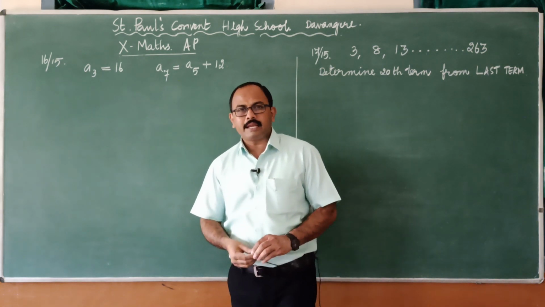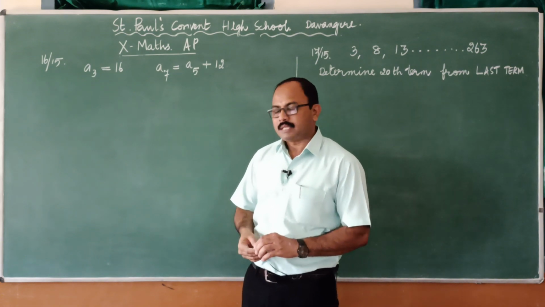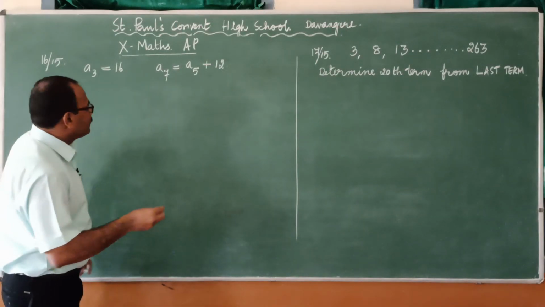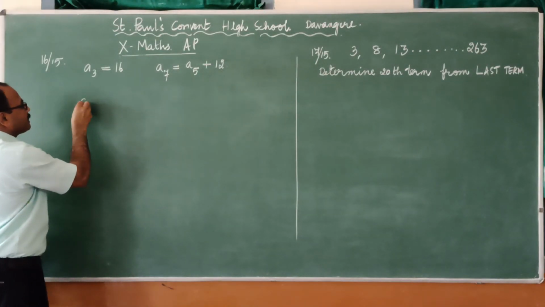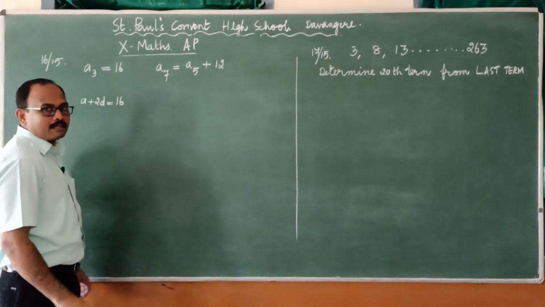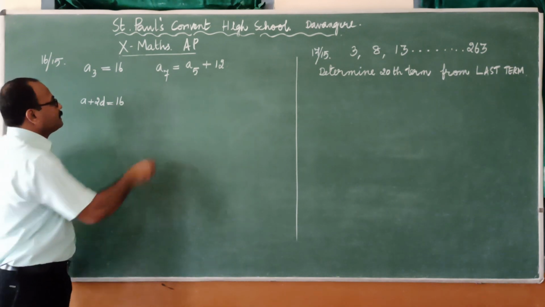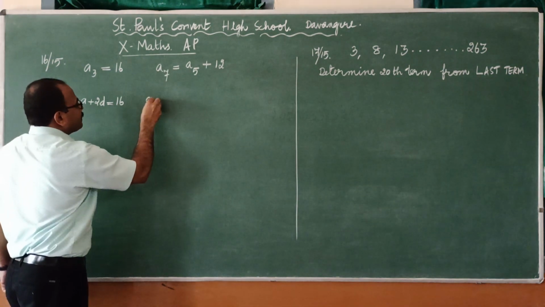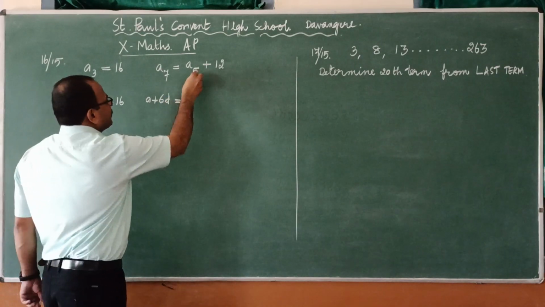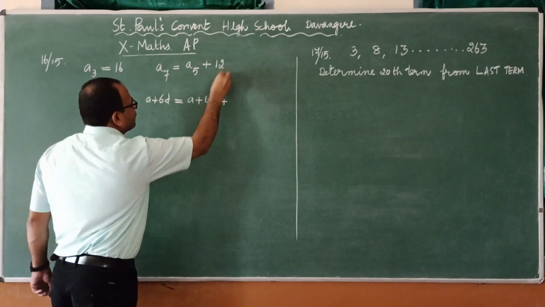If we calculate a and d, the AP or any term can be calculated. The third term is 16. We know that the third term can be written as a plus 2d is equal to 16, children. The first part of the sum. Next, let's simplify the next part. a7 is nothing but a plus 6d.